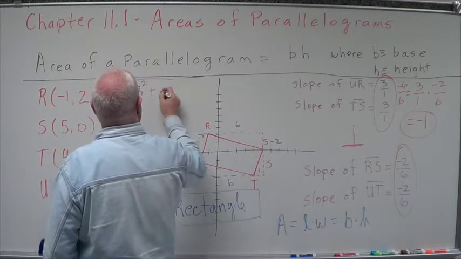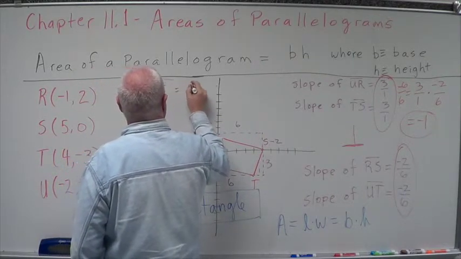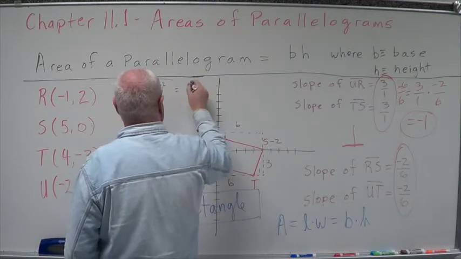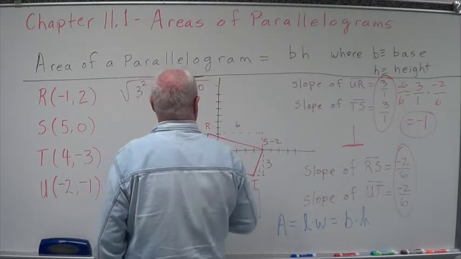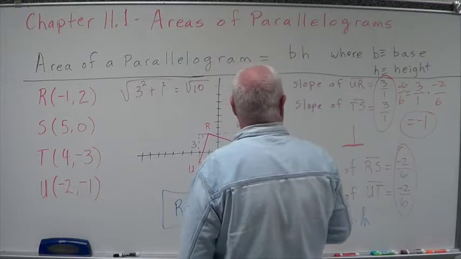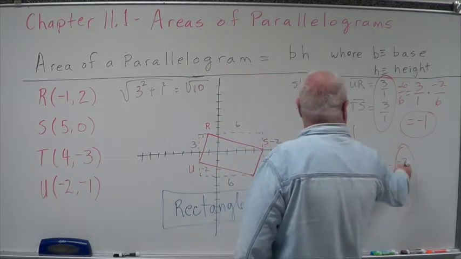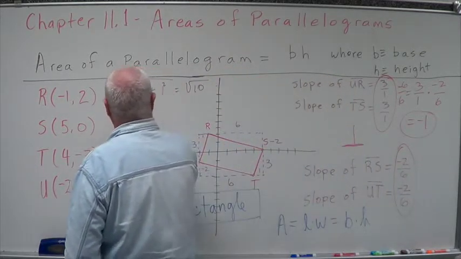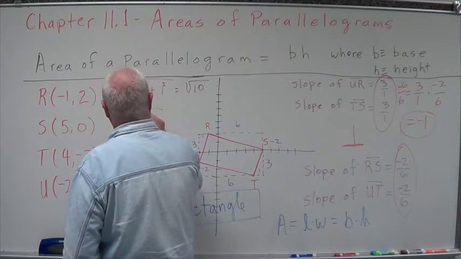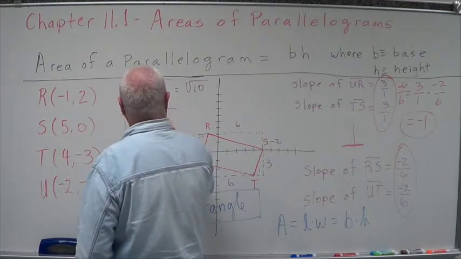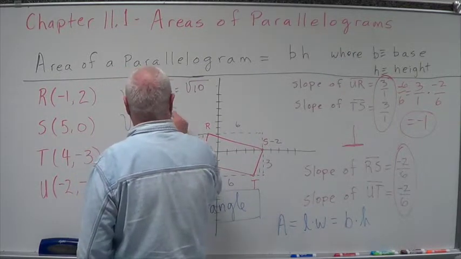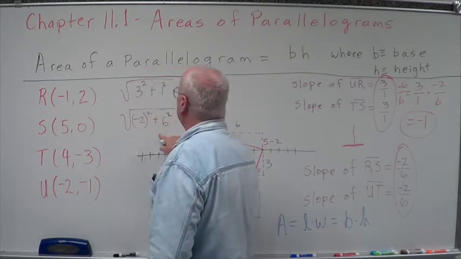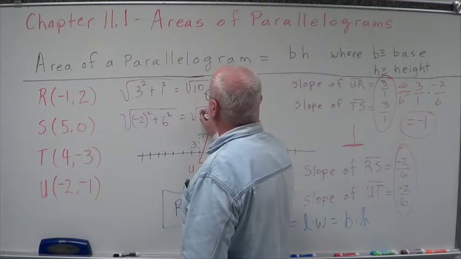Square root of 3 squared plus 1 squared equals, that's 9 plus 1, so we've got the square root of 10 for that one. Oh, we've already got this over here, so that is the square root of (-2) squared plus 6 squared equals, that's 4 plus 36, square root of 40.